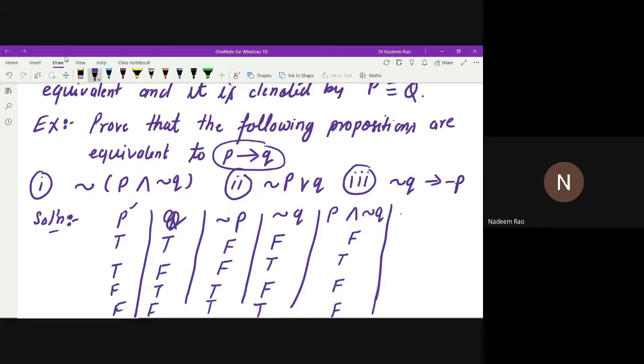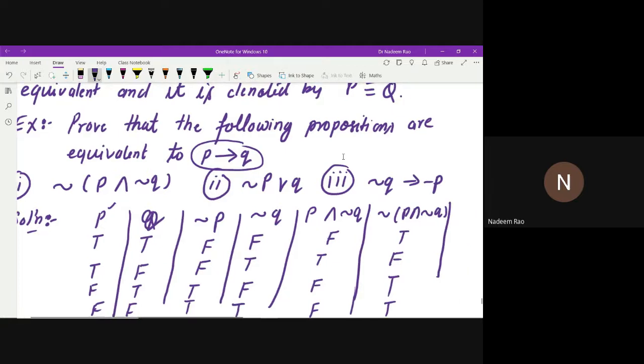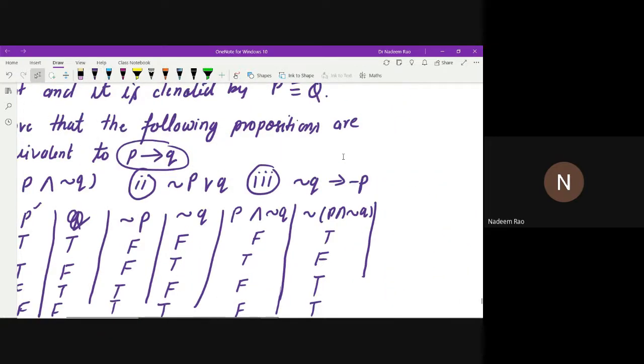Now, if you talk about the negation of P and negation of Q, it's simple. It's true, false, true, and then true. So that's the first one. What about the second one, negation of P or Q?